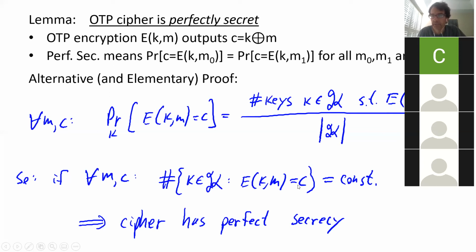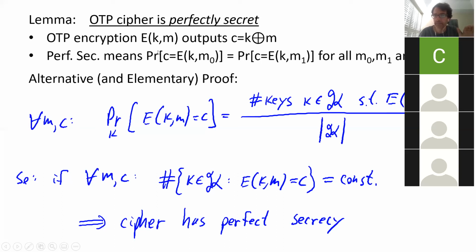It does not matter what M and C was. It's always the same constant. Then encryption is perfectly secret. Why? Because this means that this top part is always that constant. So let's call that constant C. So this probability is C over the space of keys. Sorry, not C, because C was the ciphertext. Okay, so let's call this constant alpha. So it's alpha over the size of key space. And for any M and C, this probability is always alpha over key space. So therefore, the left-hand side here is alpha over key space. The right-hand side is alpha over key space.